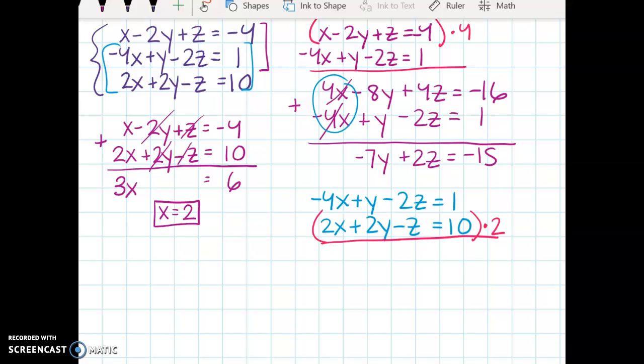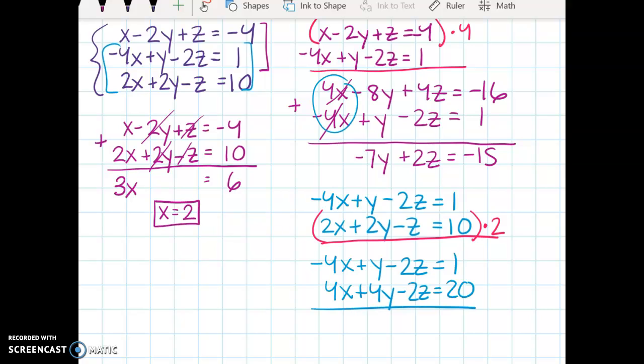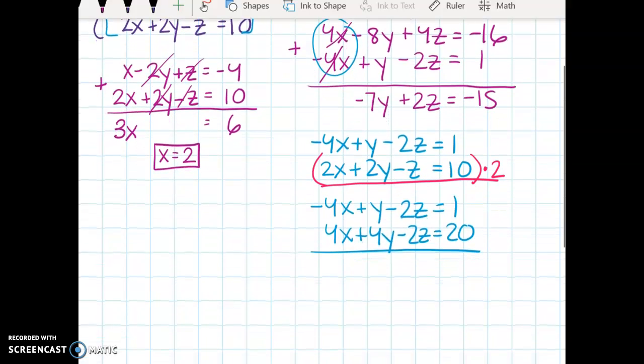The top equation stays, -4x plus y minus 2z equals 1. The bottom equation turns into 4x plus 4y minus 2z equals 20. Now, to make our x's cancel, we add: -4x plus 4x is nothing, 1y plus 4y is 5y, -2z plus -2z is -4z, and 1 plus 20 is 21.